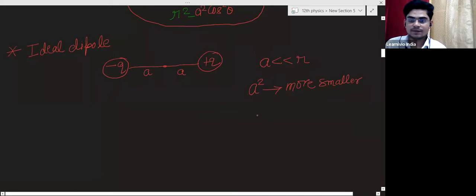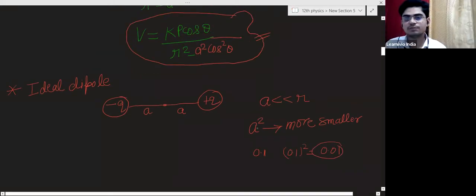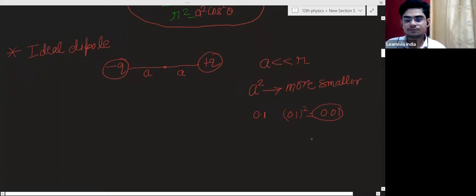Like this: if this is 0.1, which is small, and you square 0.1, what will be the answer? 0.01. So this is even smaller. Similarly, the similar concept I am using here. So a is very small.